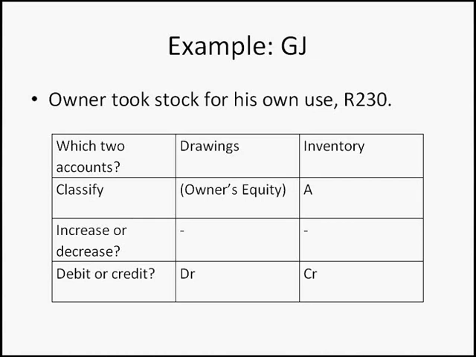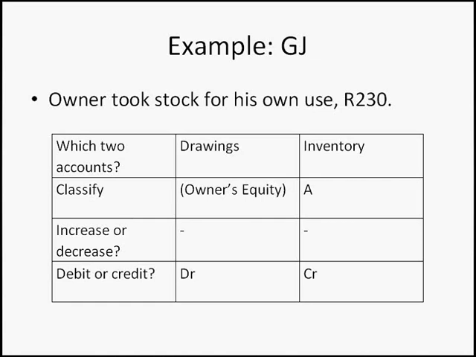On the other hand, we have inventory. Inventory is an asset, and because the owner takes the inventory, my asset is reducing, and an asset reduces on the credit side. So again, I can see that I've got a debit and a credit entry, and therefore I know that I am correct because for every debit entry I must have a credit entry as well.